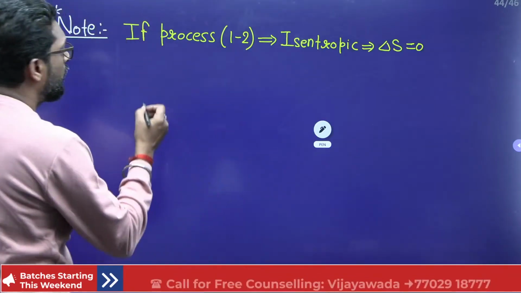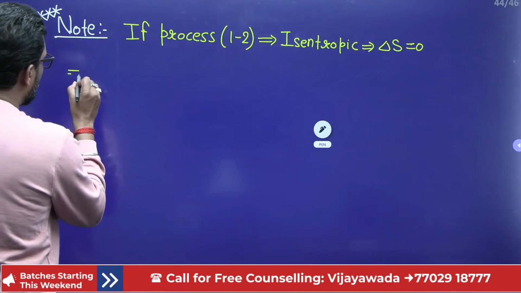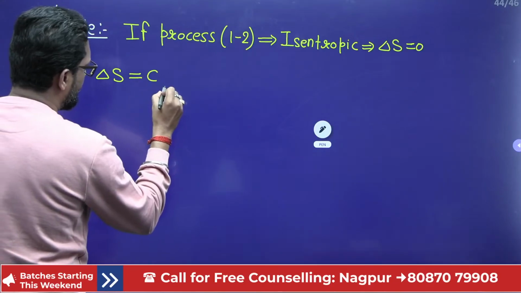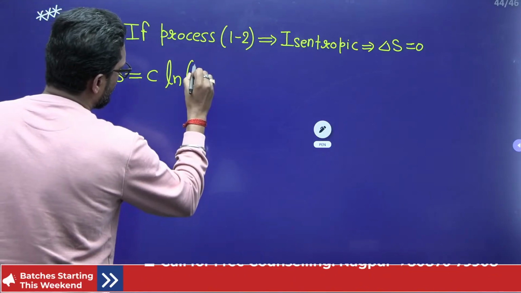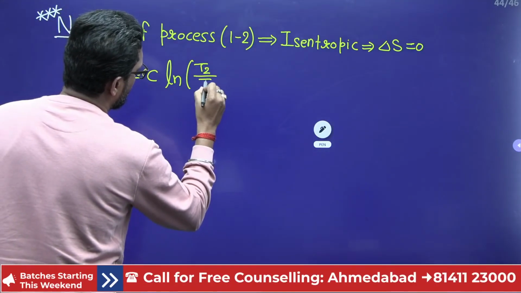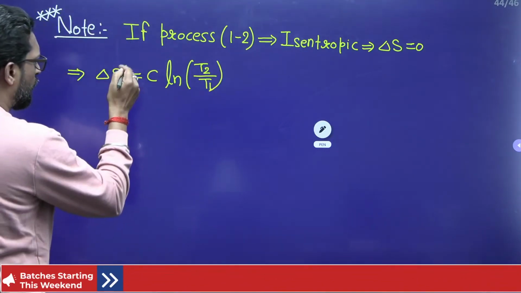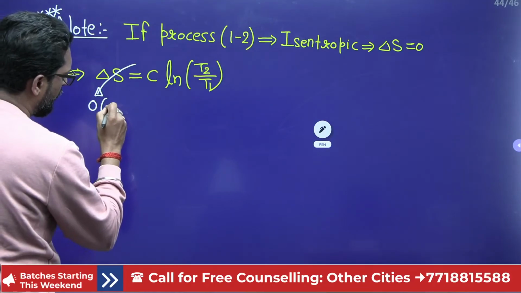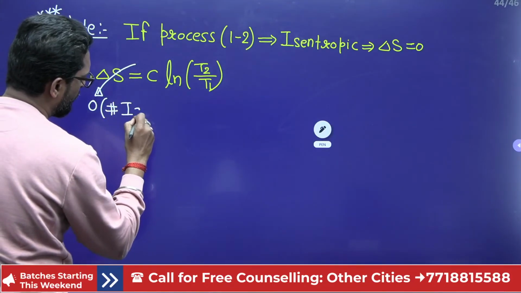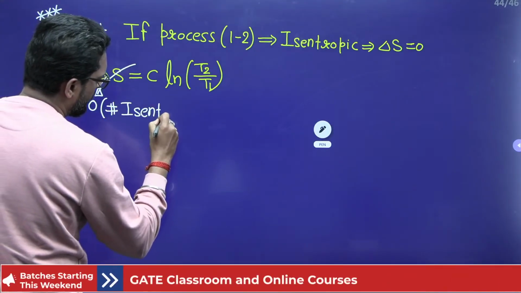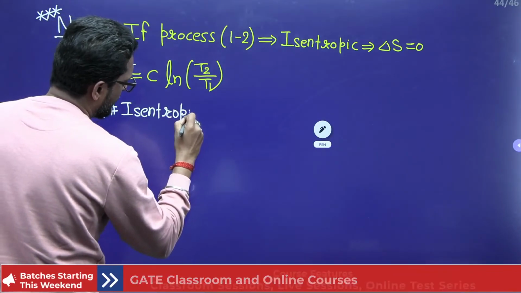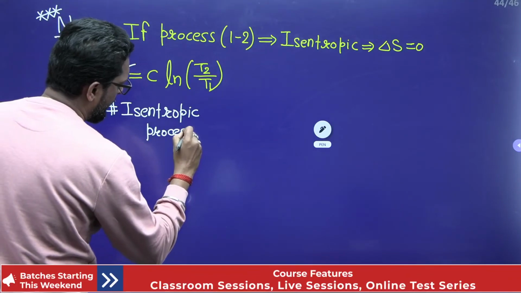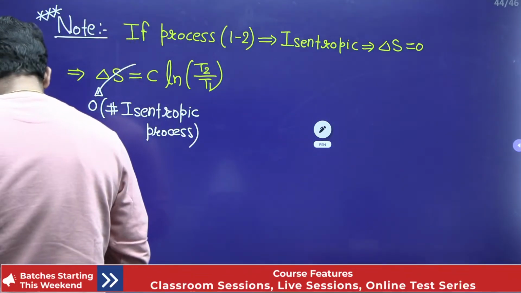Now what is the entropy change of incompressible substance? C ln T2 by T1. Now process 1 to 2 is isentropic, that means it is 0. Why is it 0? Because it is an isentropic process.